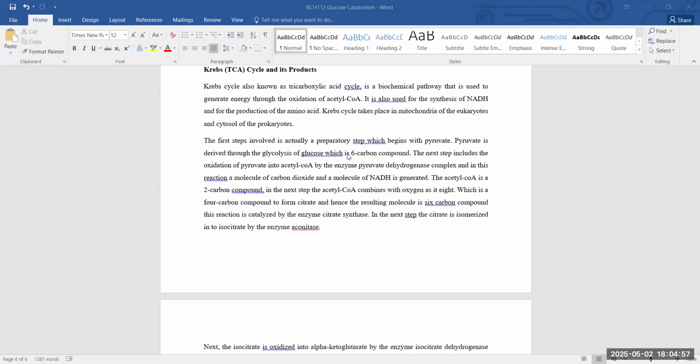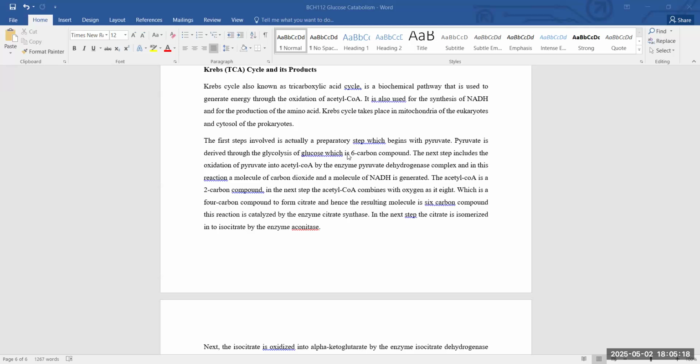Now, for the TCA cycle to start, the pyruvate needs to be oxidized to acetyl-CoA by the enzyme called pyruvate dehydrogenase complex. That's the enzyme. In this reaction, a molecule of carbon dioxide and a molecule of NADH are generated. The acetyl-CoA is a 2-carbon compound.